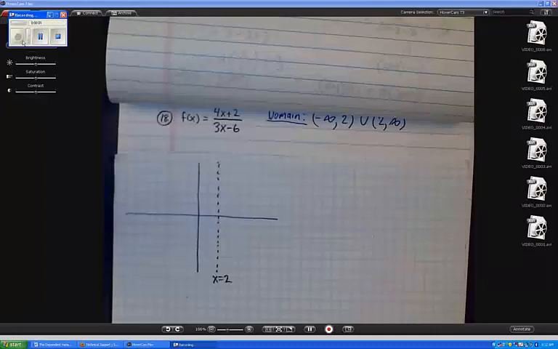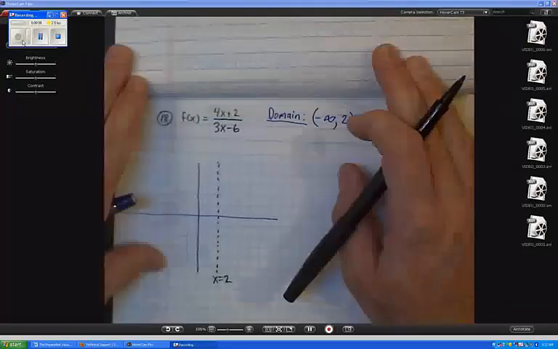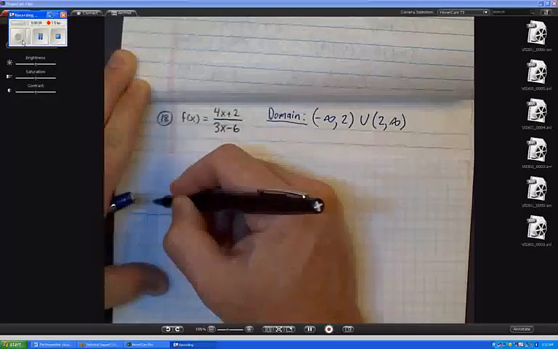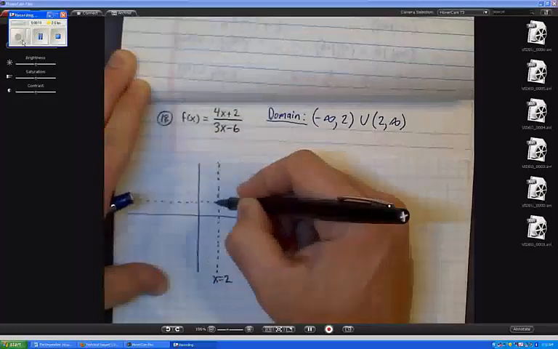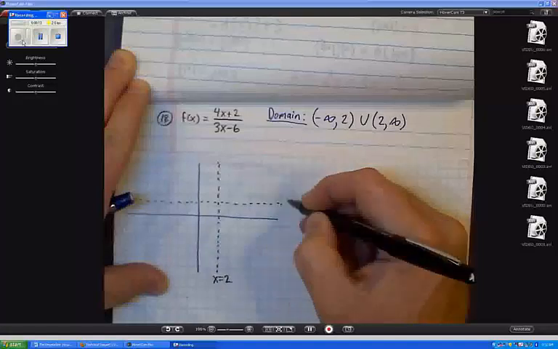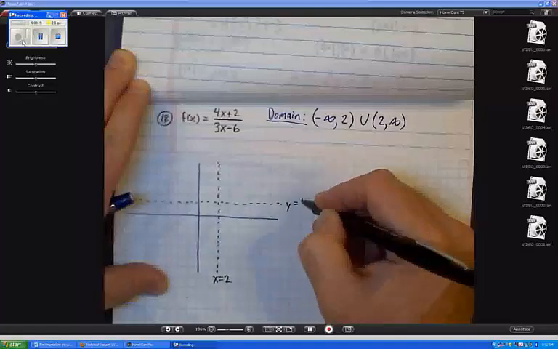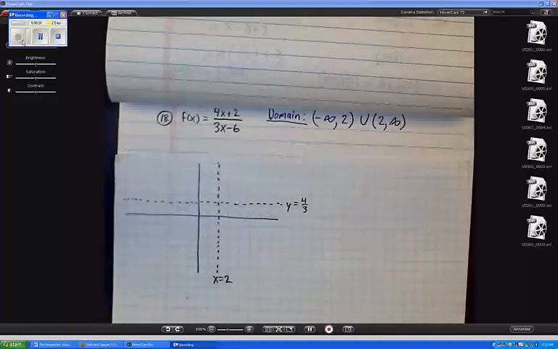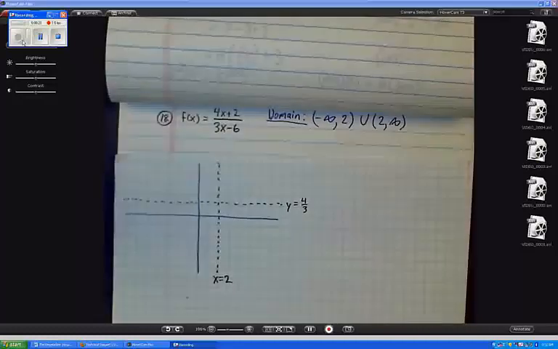Where would the horizontal asymptote be, guys? 4/3, right? So at y equals 4/3, we have a horizontal asymptote. Wow, okay. And anything else I could say about this function?